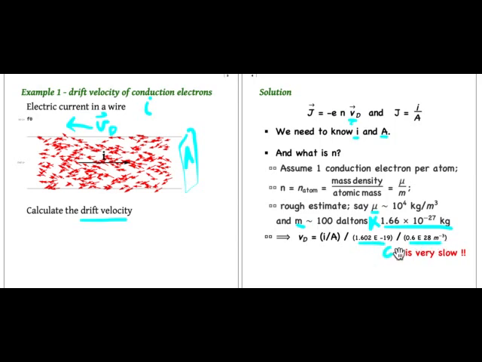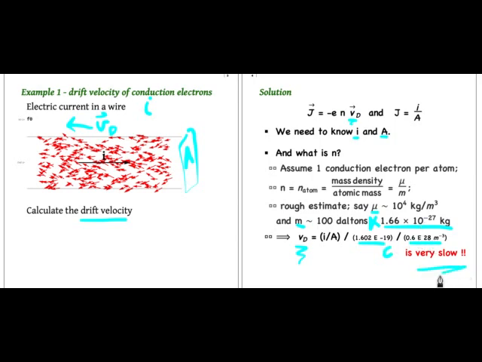Now, these are very large numbers. Well, this one's very small. This one's very large. When I multiply them together, I get something like 10 to the power 9. And that's in the denominator. So that will be 10 to the minus 9 in the numerator. So you see the drift velocity is going to be a number that depends on the current and the area, but it'll be a number of order 1 in standard units, divided by 10 to the power 9 or multiplied by 10 to the power minus 9.